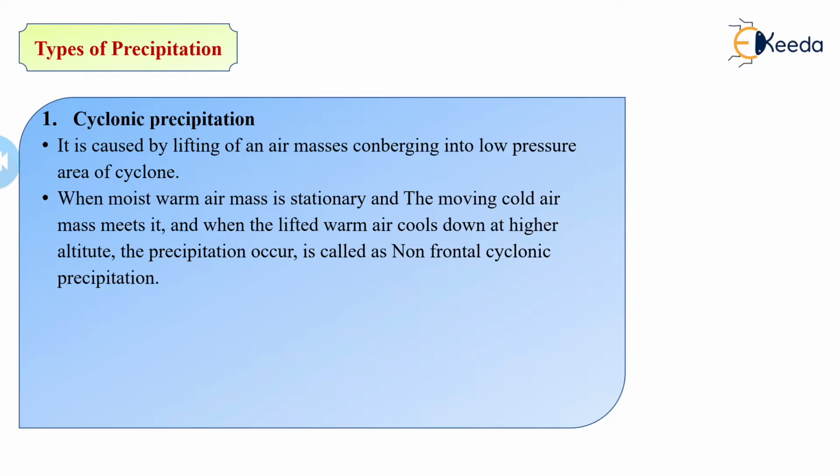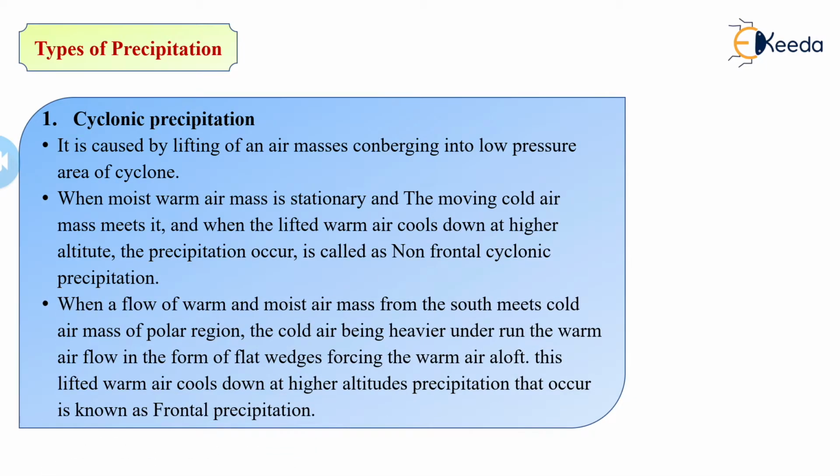So again, in the frontal precipitation, the colder air mass is stationary, and the warmer air from the south region meets the colder air mass.